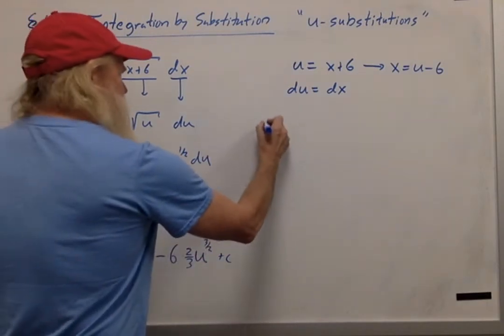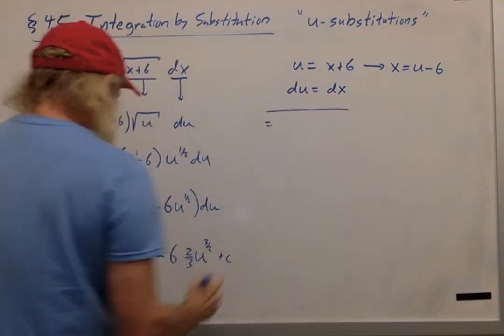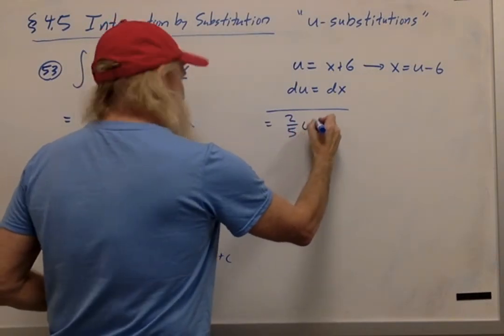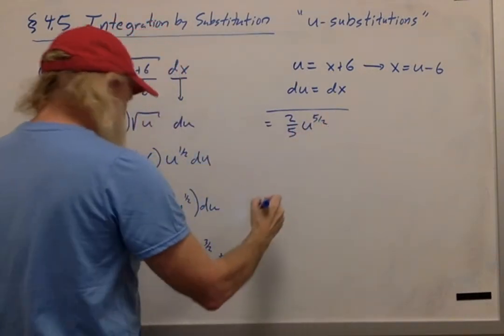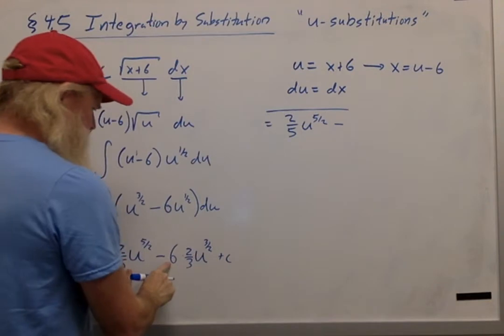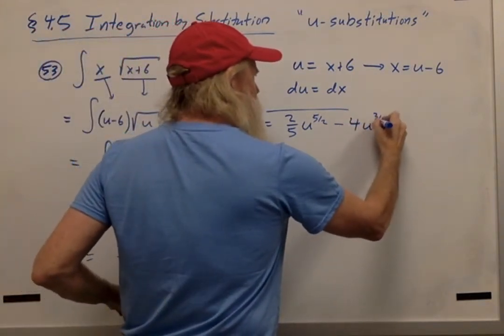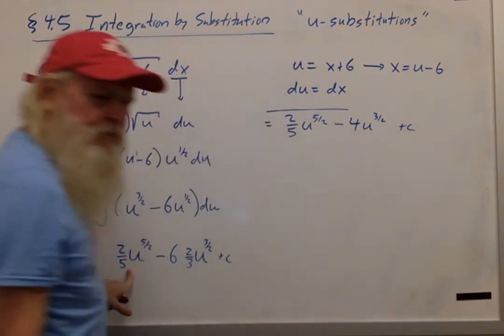Or simplifying just a little bit, this is the same as 2/5 u to the 5/2 minus 12/3, which is the same as 4, u to the 3/2 plus c.